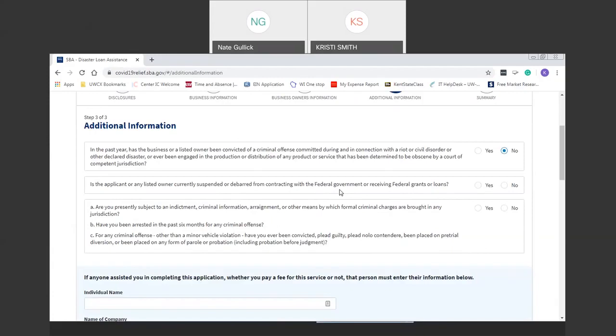So if you don't understand this question, I would go ahead and click no, but most people who would have been debarred or are prohibited from receiving federal grants or loans, they probably had either a loan they've defaulted on in the past or some other situation that they'd be well aware of. So for the most part, you would be clicking no here.